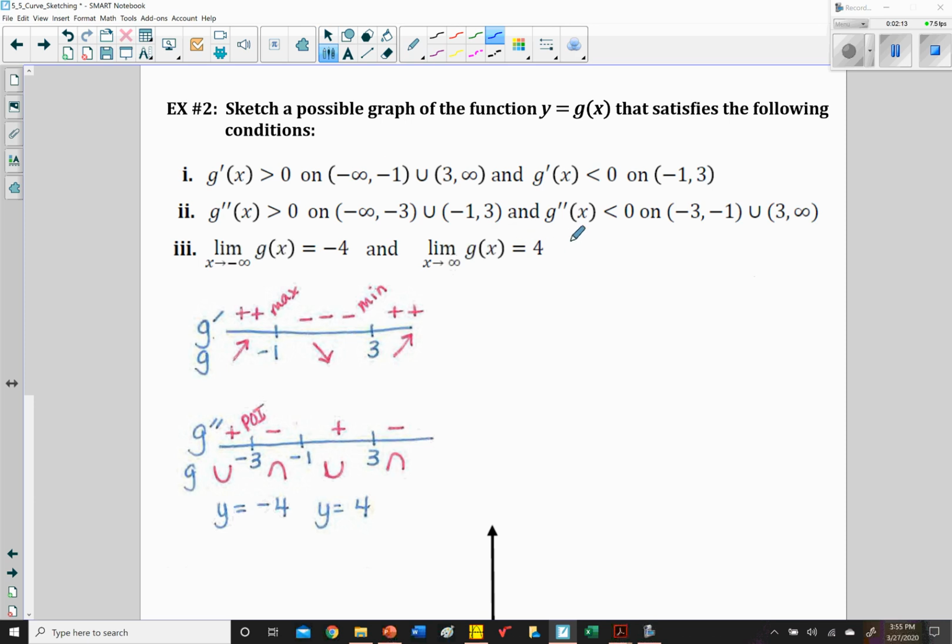This last statement says that we've got horizontal asymptotes at both extremes, one at negative 4 and one at positive 4. So if you want, pause the video and try to draw that graph based on this information we have.